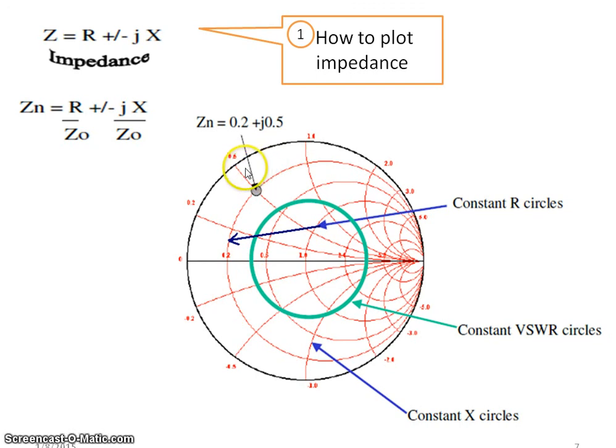It is on the upper half of the Smith chart, so it is this circle. The intersection of these two circles is the impedance value Zn equal to 0.2 plus j0.5. So this intersection point is plotted, which is the normalized impedance value.